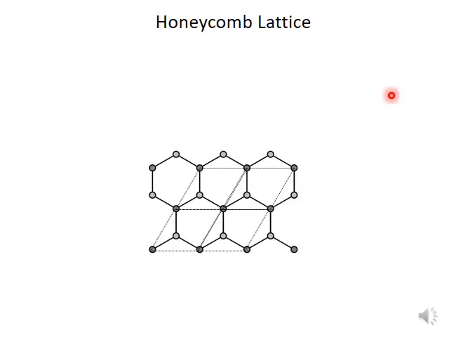Another way of looking at this honeycomb lattice is like this. Imagine you only consider these black lattice points, then you can make a Bravais lattice out of them with such a unit cell. So I have taken this as my reference point, and I can replicate as many unit cells as I like and fill up the whole space, just ignoring the light gray circle.